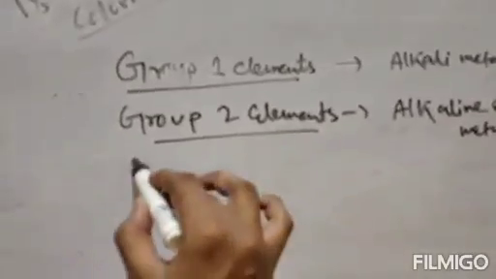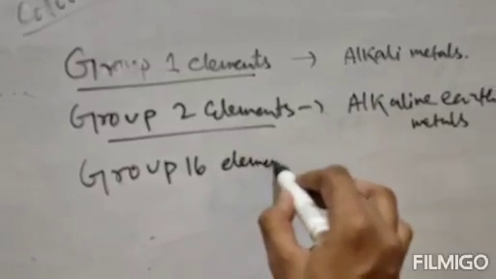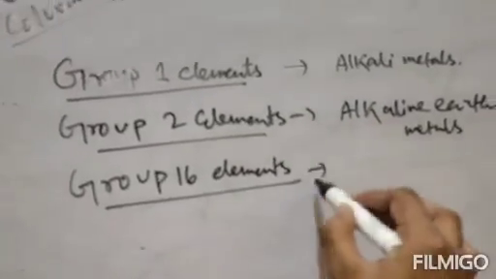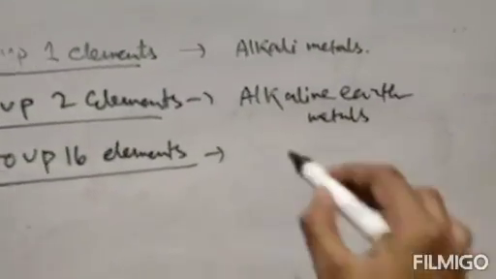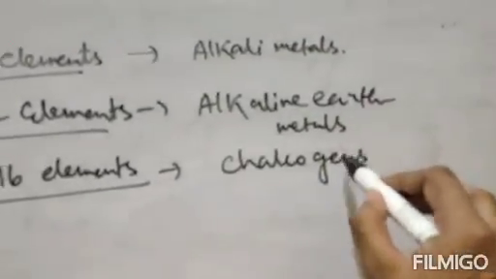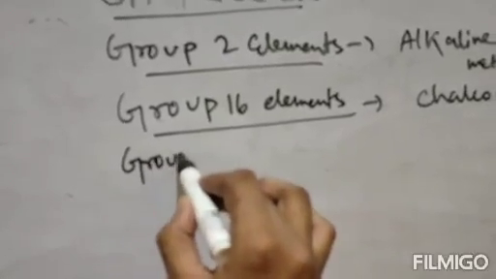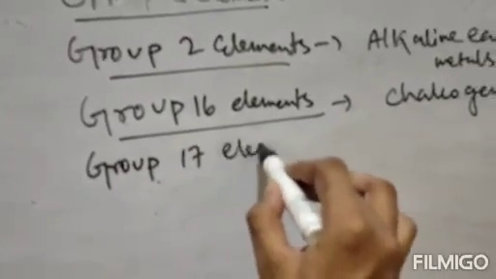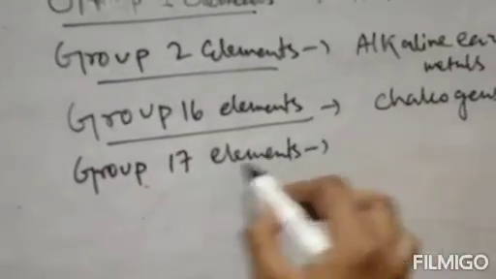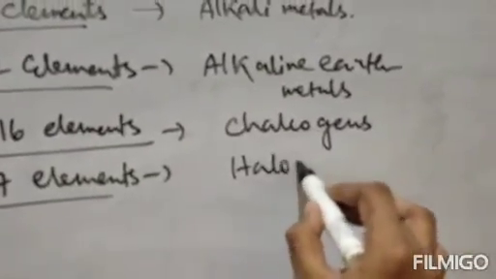Next, group 16 elements. Group 16 elements are called chalcogens, the chalcogen group. Group 17 elements are called halogens.